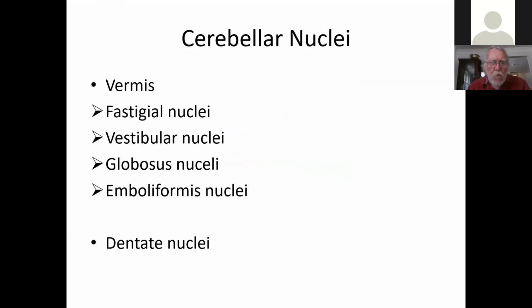There's the fastigial nuclei, the globosus nuclei, and the emboliformis nuclei. They are in the vermis and the deep cerebellum. Then sitting out laterally, and we could see this in our sagittal sections, is that wormy looking structure, sort of looking like the inferior olivary complex, a very strange and distinctive looking structure. And those are the dentate nuclei of the cerebellum.